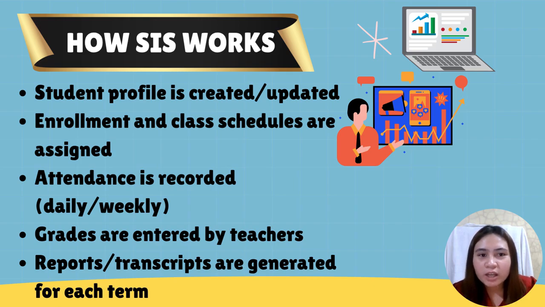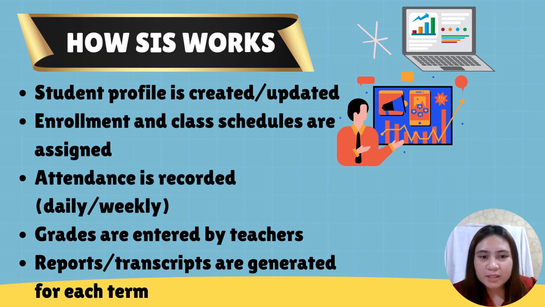It helps schools organize records and make school operations faster and more efficient. First, the school creates or updates a student profile by entering personal information such as contact details, name, age, and academic records into the system. In this way, it helps keep records complete and organized.